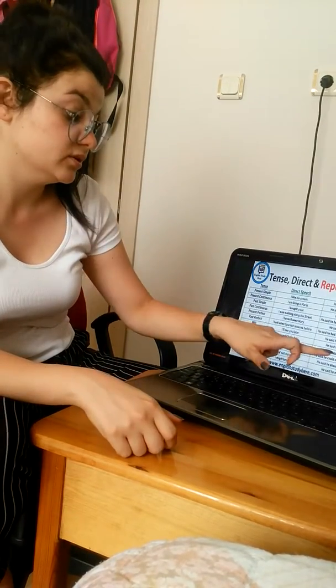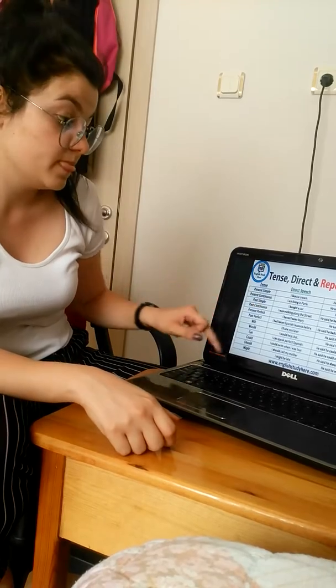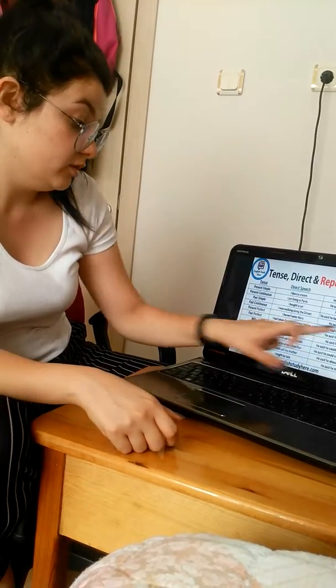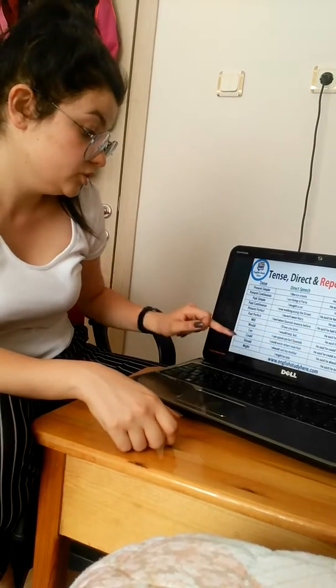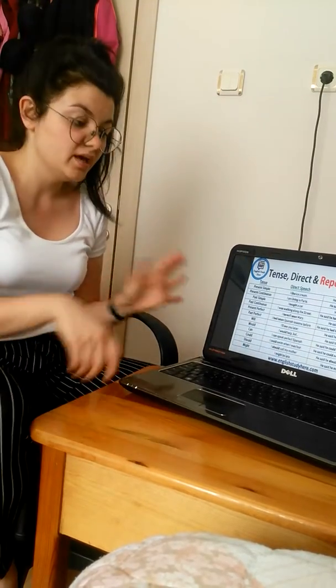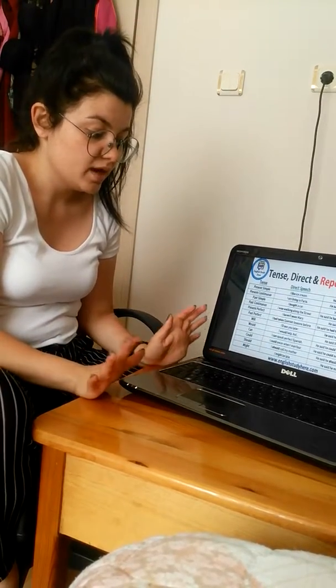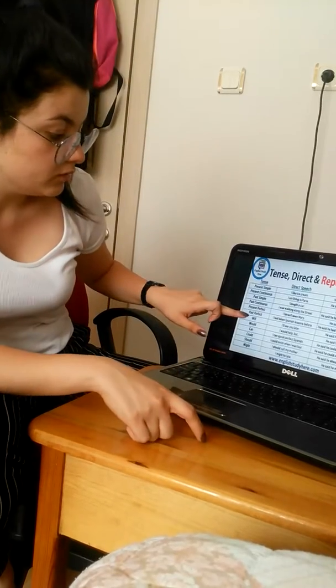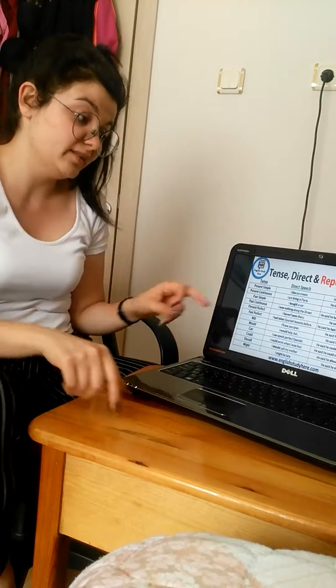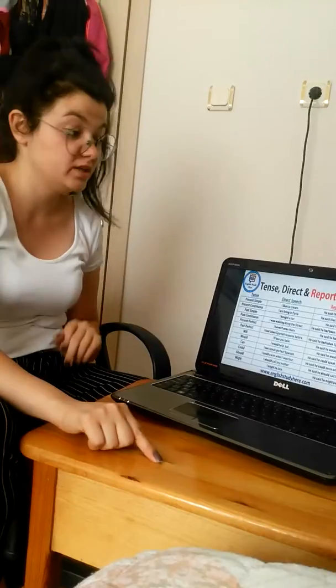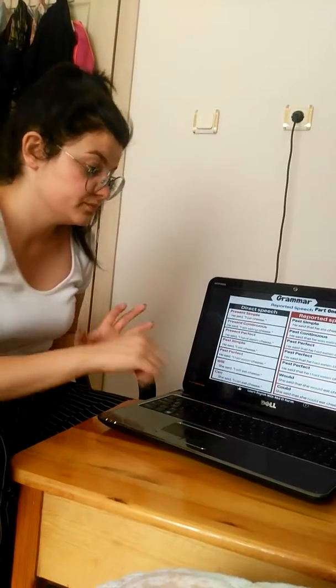Can, could. These are modals: will, would; can, could; should, might. Will is very, very important. Please don't forget to use would in your reported speech.